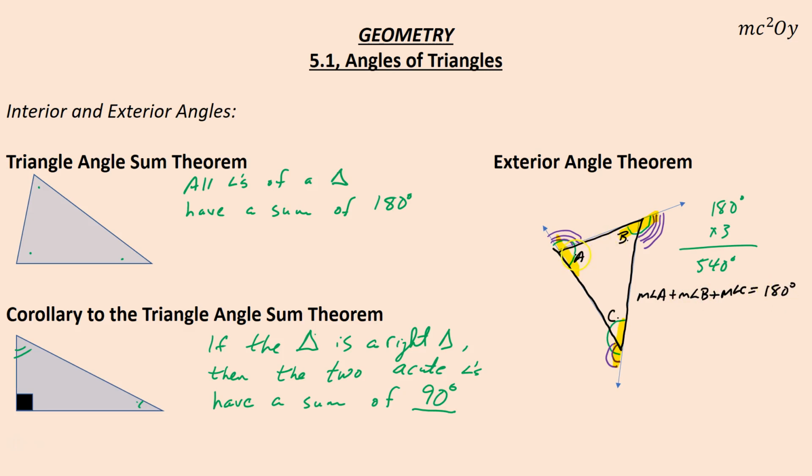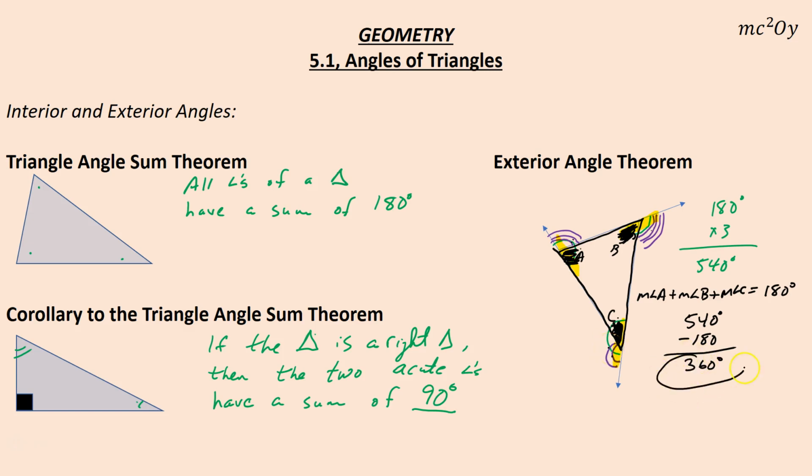So if I take out this angle and this angle, which we're calling A and B, and then this angle, that 180 degrees, if I take that off of the top of the 540, I'm left with 360 degrees. And that 360 degrees is the sum of your exterior angles. Okay?